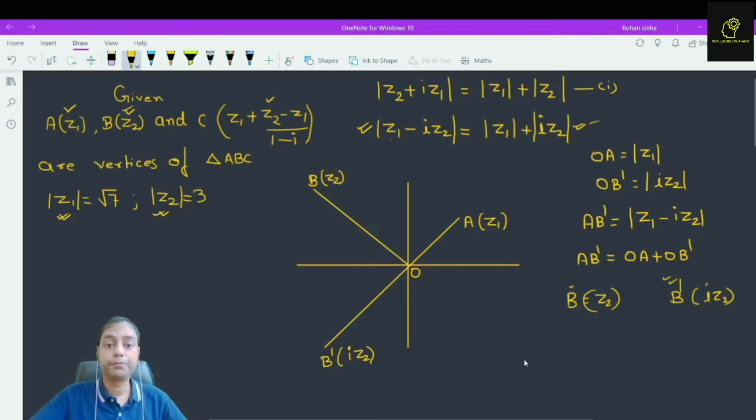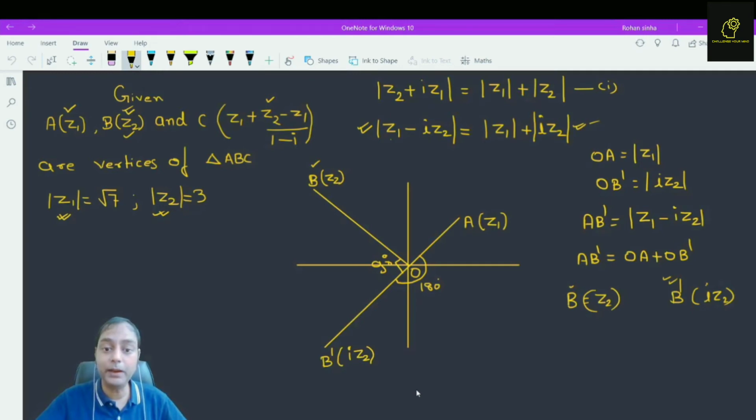Now B is z2, and this angle is 180 degrees, and this angle is 90 degrees. Why is this 90 degrees? Because B dash is i z2 and B is z2, so multiplying by i rotates it by 90 degrees in the anticlockwise direction.